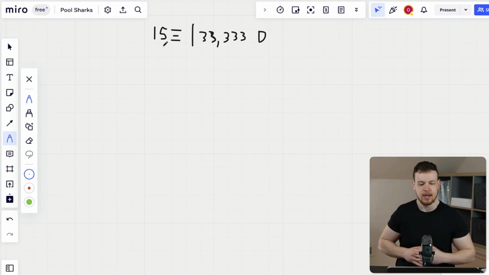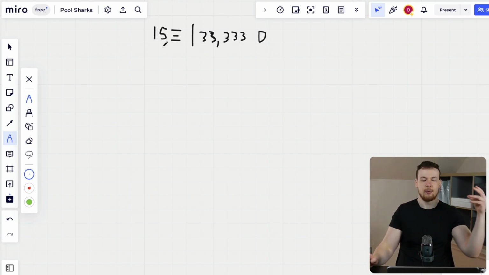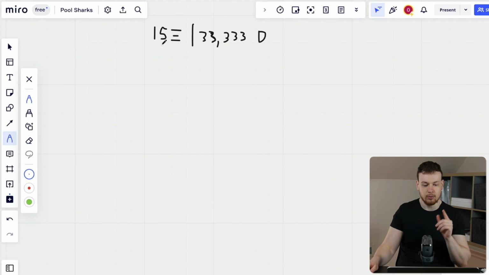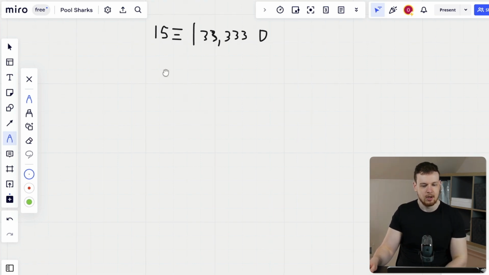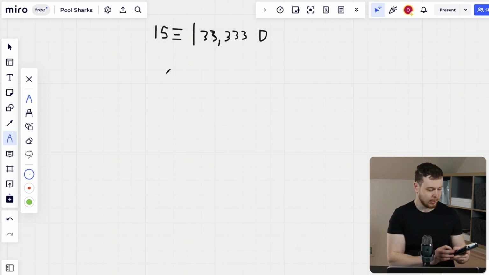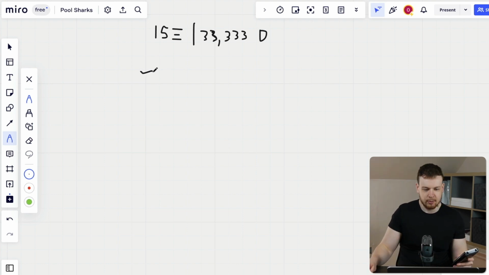33,333 DAI. And I encourage you to go back and look at how we're computing swaps and compute this result for yourself. But essentially, this works out to mean that the price of Ether corresponds to 33,333 divided by 15. We're going to say the price of Ether is roughly $2,222.